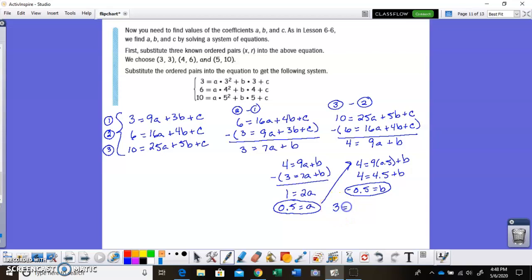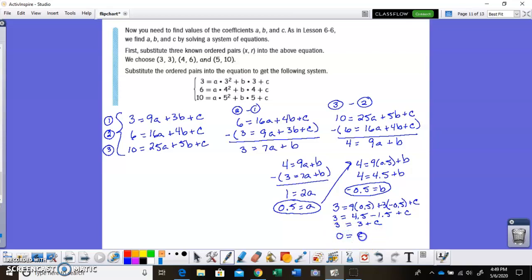So 3 equals 9 times my a value, which is 0.5, plus 3 times my b value, which is negative 0.5, plus c. Now if I do some simplifying, I've got 3 equals 4.5 minus 1.5 plus c. So 3 equals 3 plus c. And subtracting 3 from both sides gives me that c equals 0.